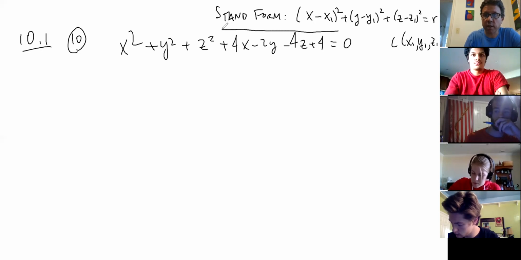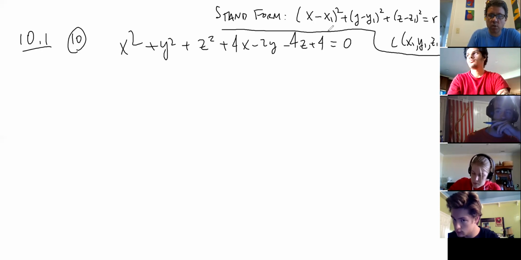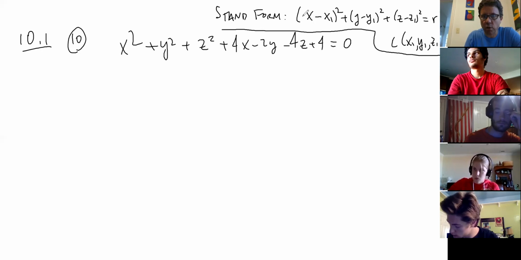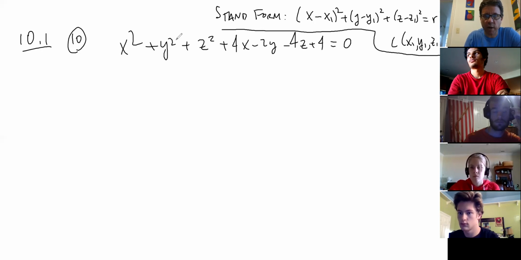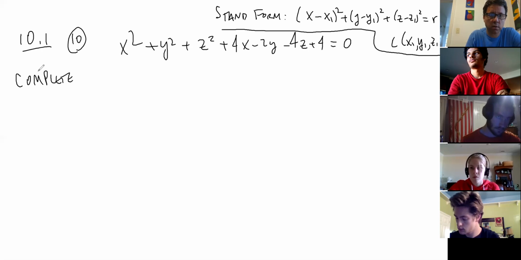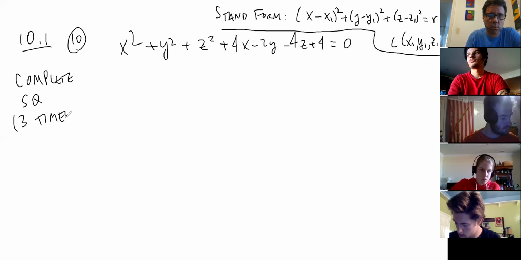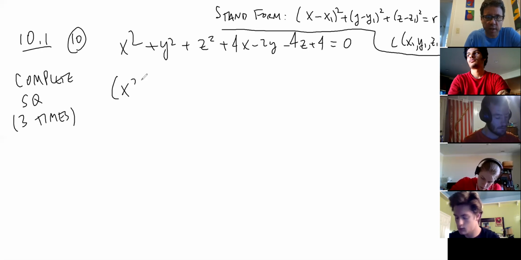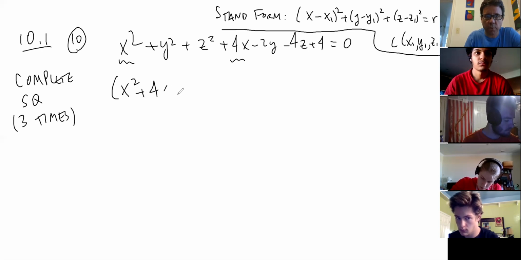So I need to convert it into that form. Like we did for the circle, if I have an x squared and an x, then in order to get this down into a square form, I'm going to have to do, in this case, 3 complete squares. So let's put the x's together. I've got x squared and 4x.